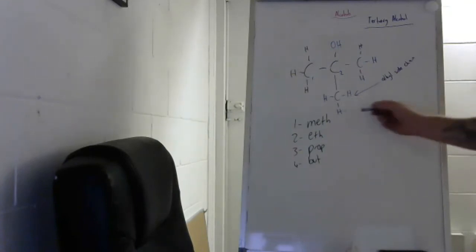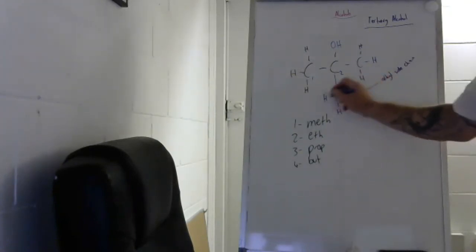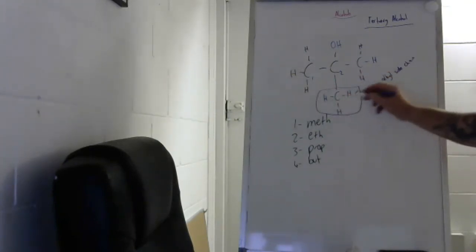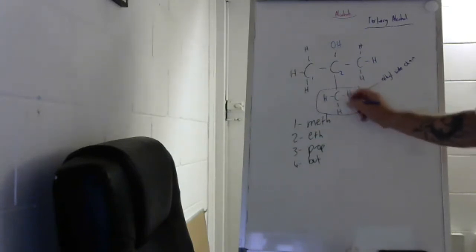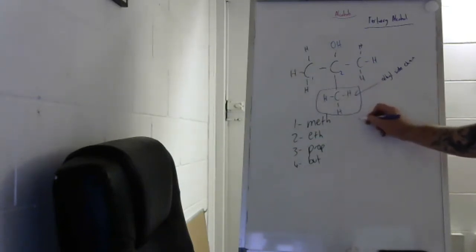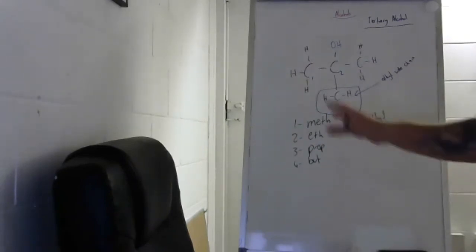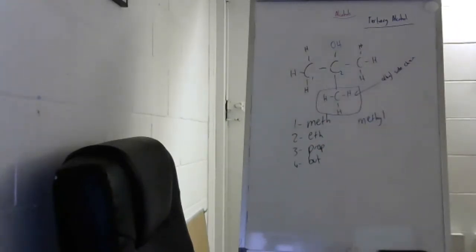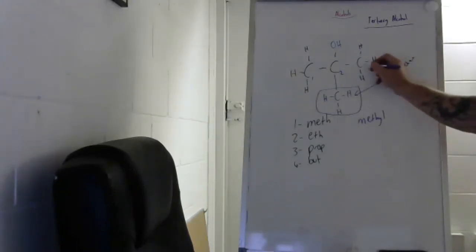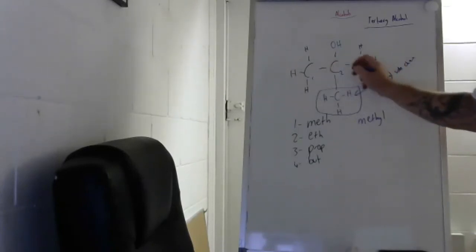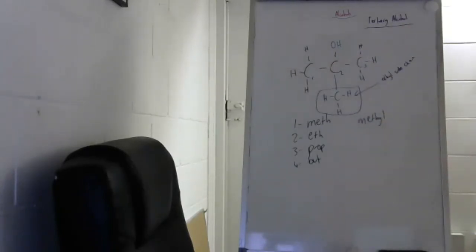But we name it the same. So in this molecule here, which is like a separate bit, it has 1 carbon, so we would name it methyl. And I'll go through these guys after this. So it's a methyl side chain, and the alcohol is coming off the second carbon.